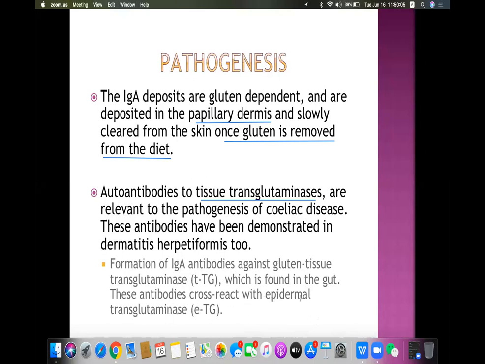This epidermal term will make it much easier for you to identify. Yes, this is an autoantibody against skin in case of dermatitis herpetiformis. So let me repeat again: tissue transglutaminase, antibody against that, anti-transglutaminase antibody, also known as anti-endomysial antibody, and in case of dermatitis herpetiformis, we call them epidermal transglutaminase or anti-epidermal transglutaminase antibody.